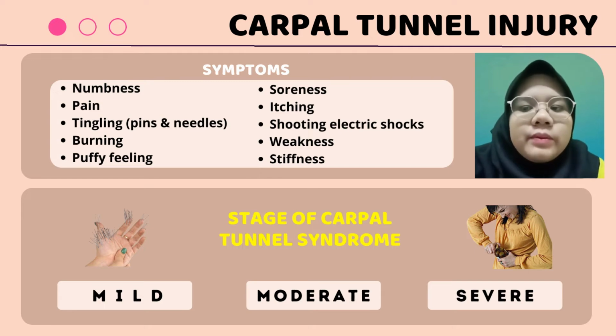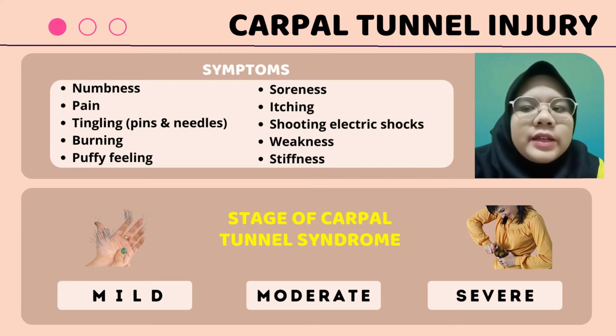Carpal tunnel syndrome worsens. The hallmark of moderate stage carpal tunnel is when symptoms start to appear during daytime hours instead of only at rest. Also, people may begin to lose the sensation of hot or cold in their fingertips.